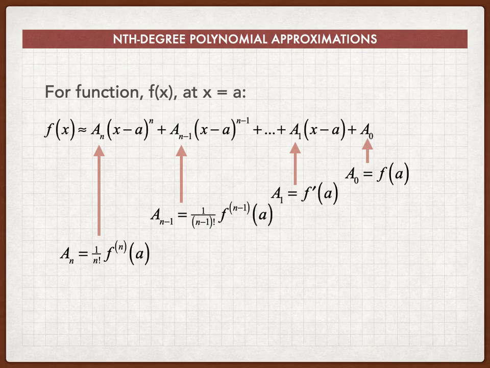Here is the nth degree approximation for f at a. The nth term has a coefficient of 1 over n factorial times the nth derivative of f at a. The superscript in parentheses refers to a derivative. If it's f with the superscript 3 in parentheses, it's the third derivative.